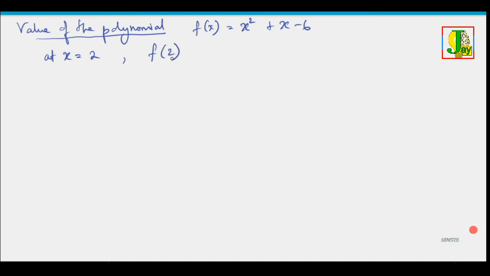So f(2) is the value, and I have to see how much it comes. 2 squared plus 2 minus 6, that is 6 minus 6, that is 0. So f(2) is the value and it comes to 0.